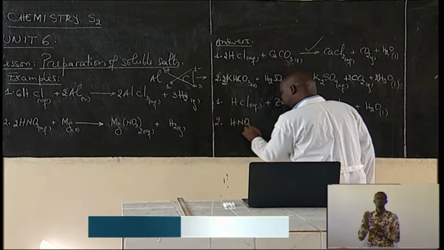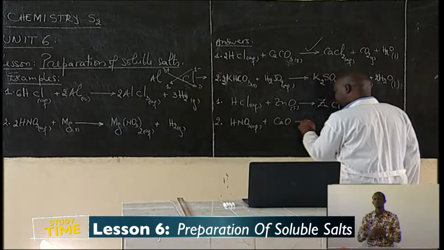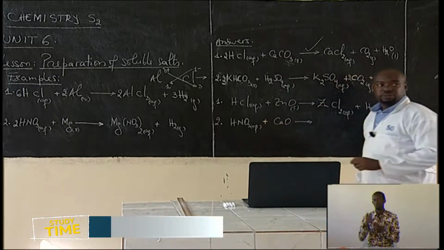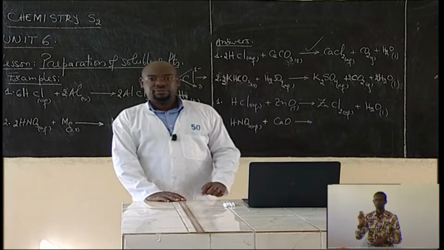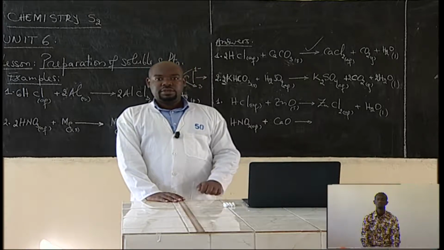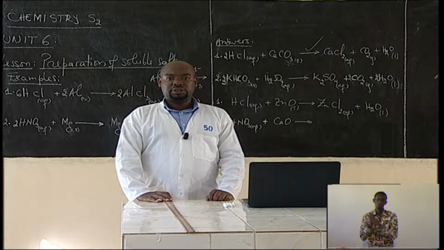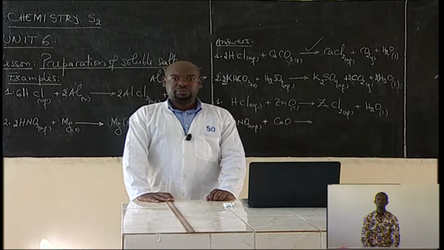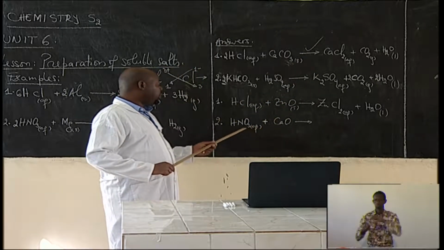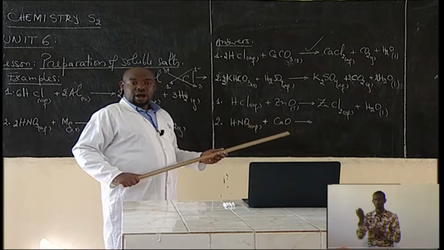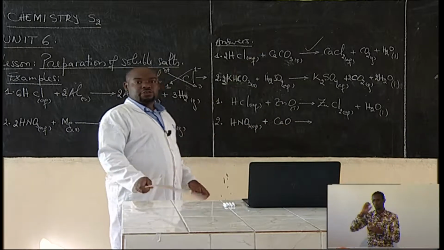Now complete this one. Dilute nitric acid reacting with calcium oxide. Complete it, please. Some seconds, and you hurry up, please. So we have the metal which combines with the anion from the acid, and hydrogen combines with oxygen to give water.